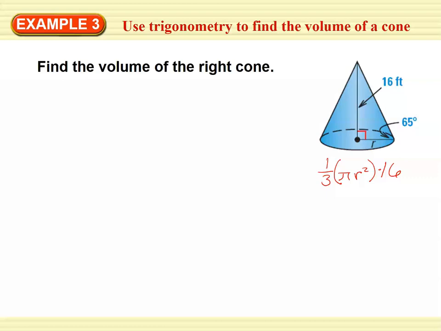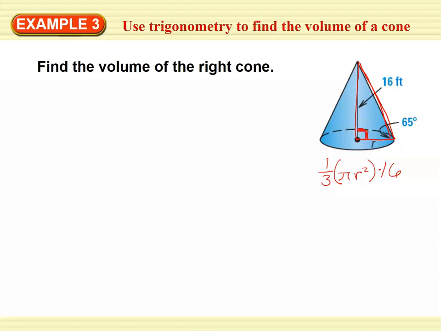So I need to come up with a way that I can find the radius. Looking at the picture, we have this height. We also have the angle formed, right there. So we're going to have to go back and review some of our right triangle stuff.